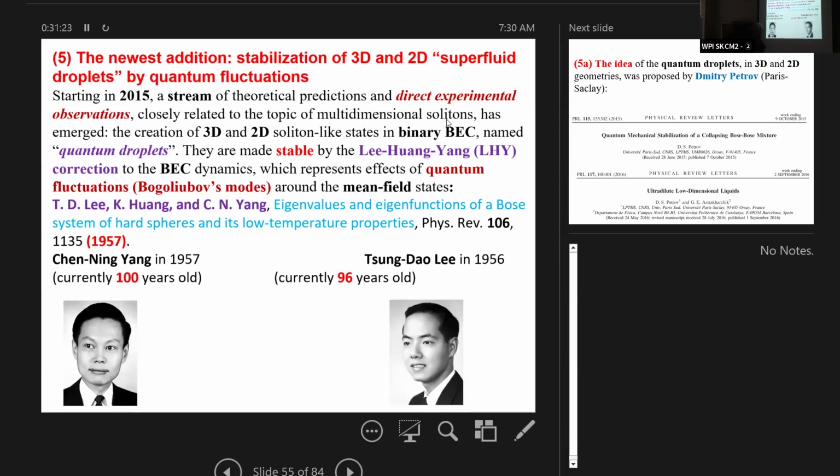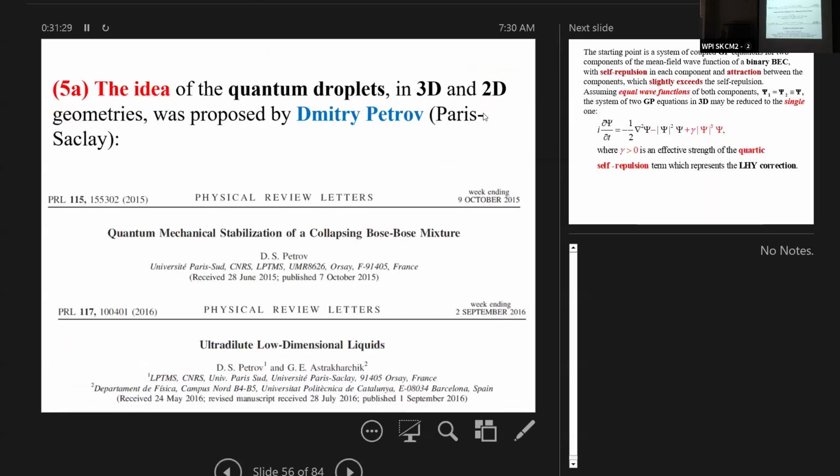So they did it long ago, and much later there appeared a theoretical paper of a Russian physicist who is a professor in Paris, Dmitry Petrov. And Petrov essentially wrote the Gross-Pitaevskii equations, which explicitly included the corrections of Lee, Huang and Yang, because Lee, Huang and Yang derived this in their classical work for the spatially uniform bosonic gas.